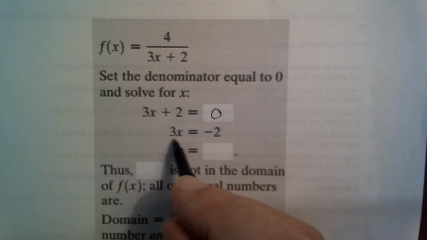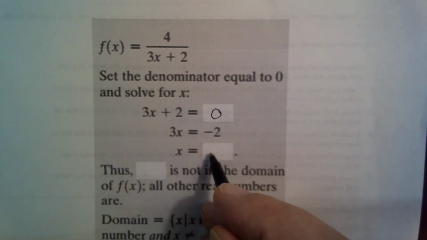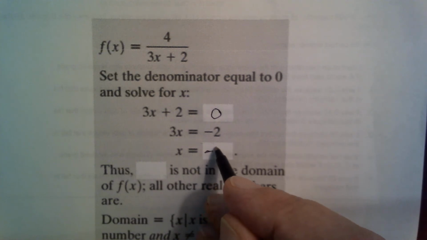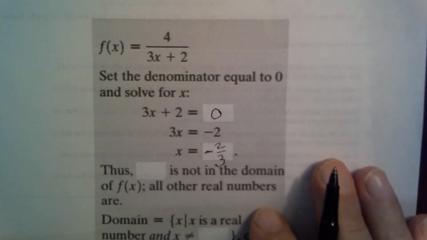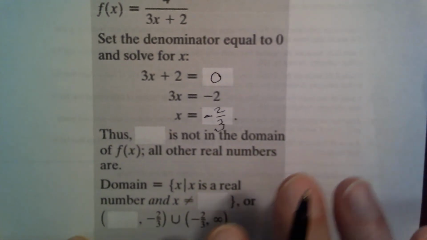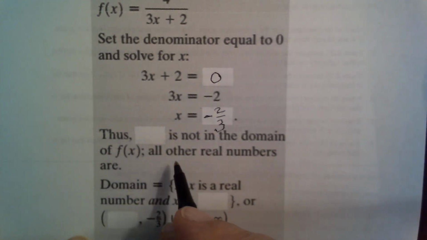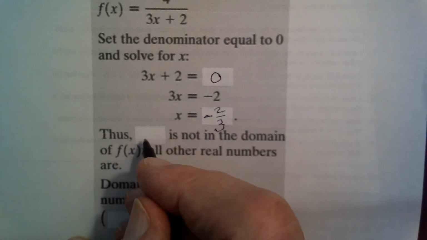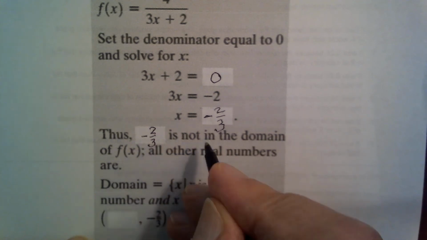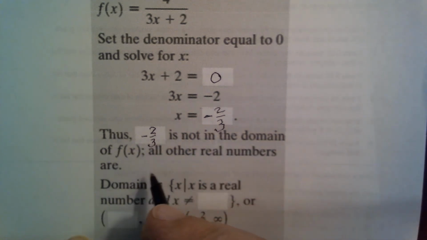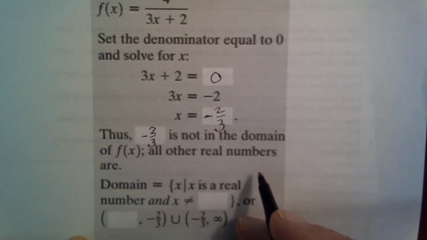And now we divide both sides by 3 to isolate x, so we get x equals minus 2/3. Therefore, minus 2/3 is not in the domain of f of x. All other real numbers are.